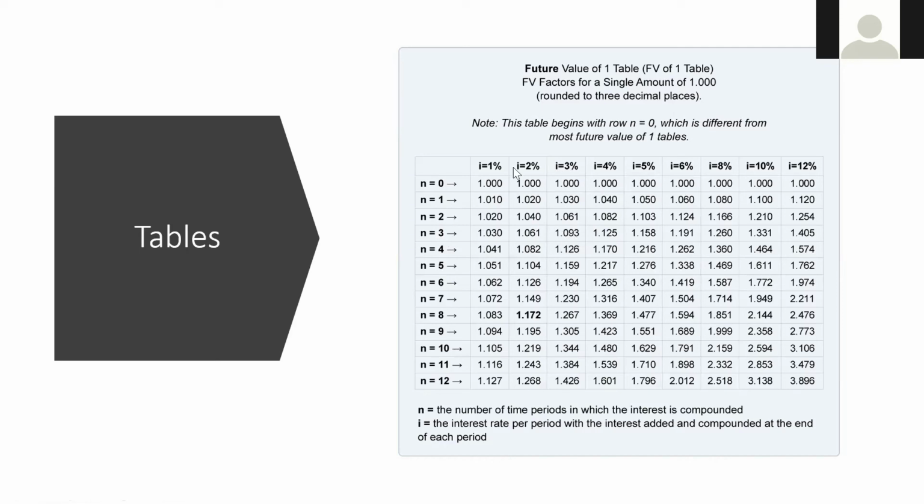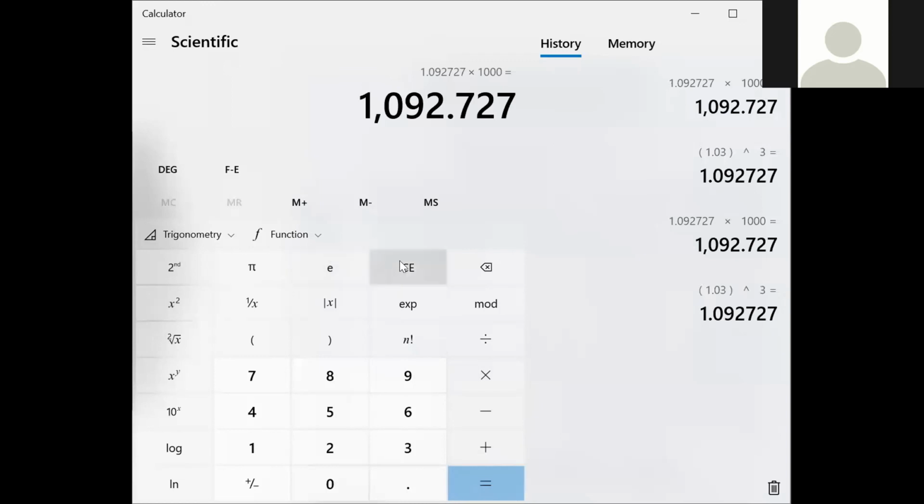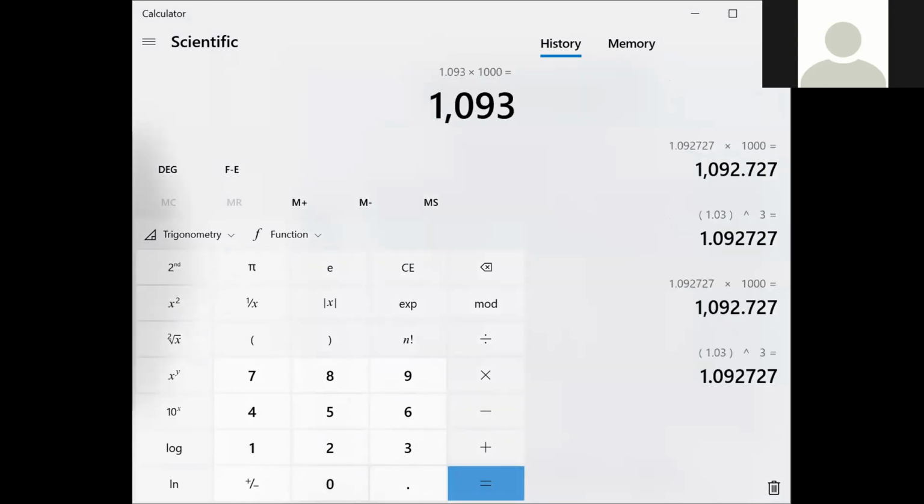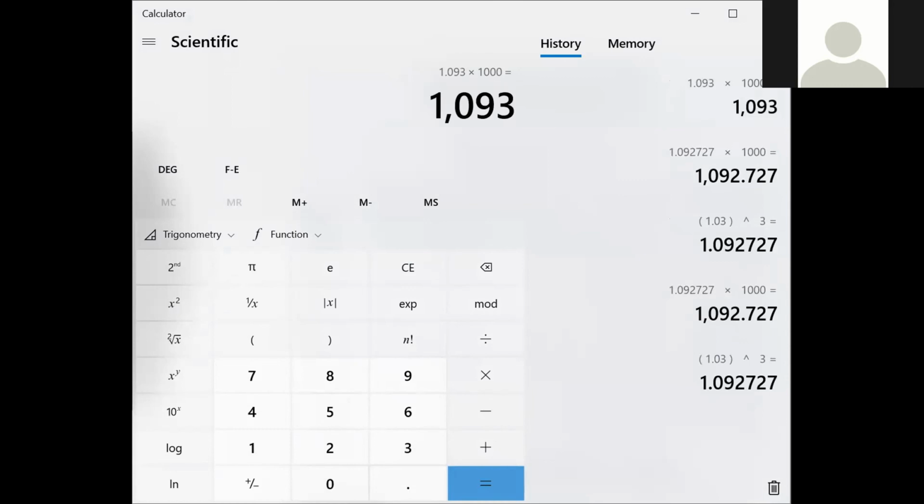Let me do a new share screen with a calculator. 1.093 multiplied by 1,000, and that gives us 1,093, right?